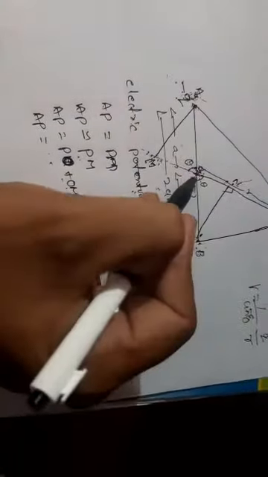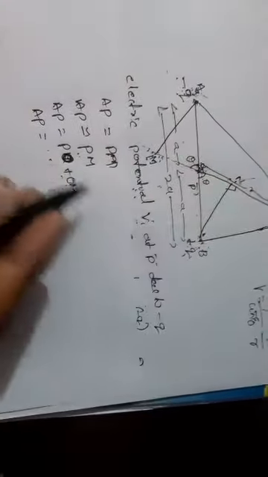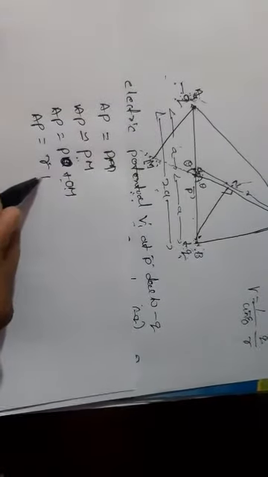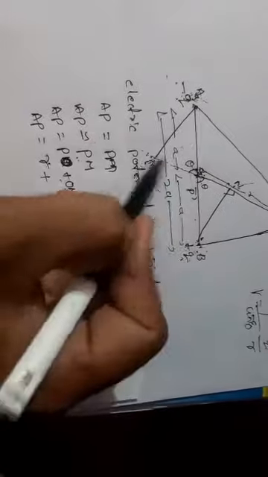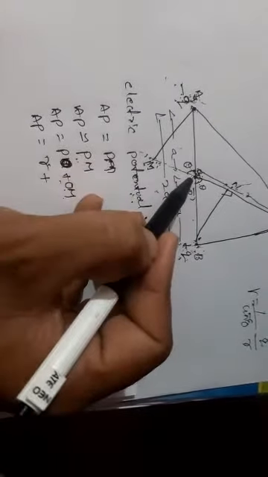What is the distance of PO? That is small r. The PO distance is small r, plus OM, as it is.